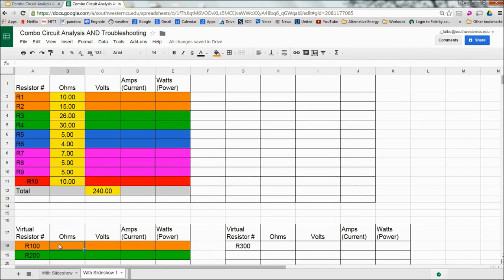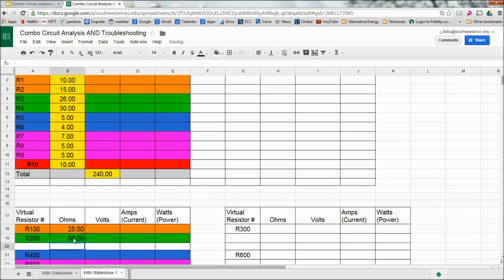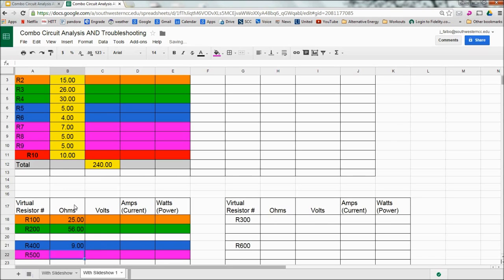Now we said R100 is the series circuit of these two. So equals, I want to add this load plus this load. Now I have the virtual resistance of R100 equals this load plus this load. Now I have the virtual of this one equals these two in series, and this one equals these 3 in series.